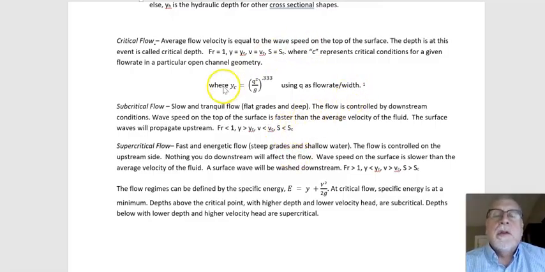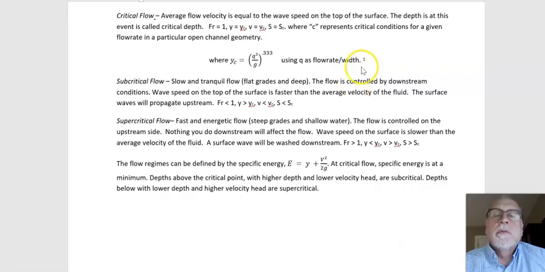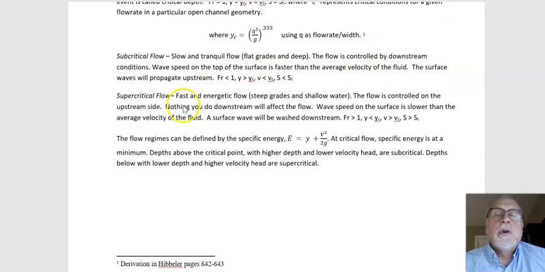By the way, we can calculate the critical depth by going back and solving that equation for a Froude number of 1. Supercritical flow is fast and energetic flow, which comes from steep grades and shallow water. A stream or a flume can transition back and forth between them, and the flow is controlled on the upstream side.